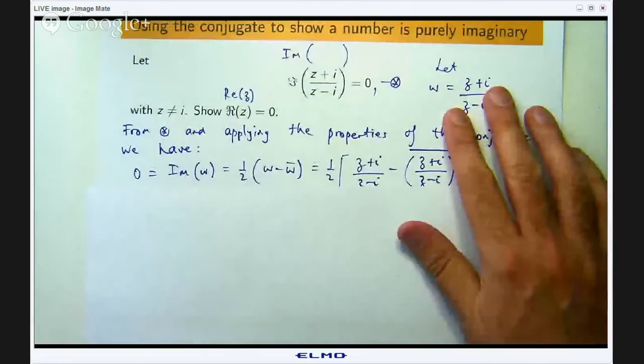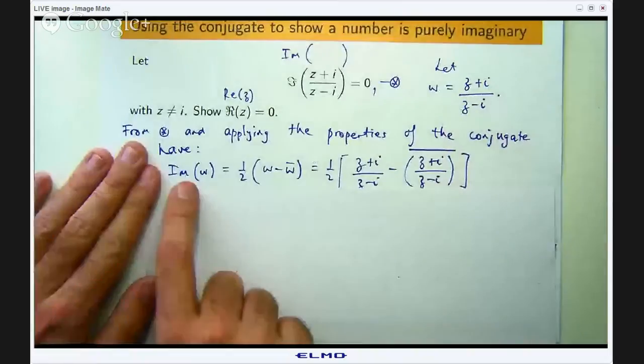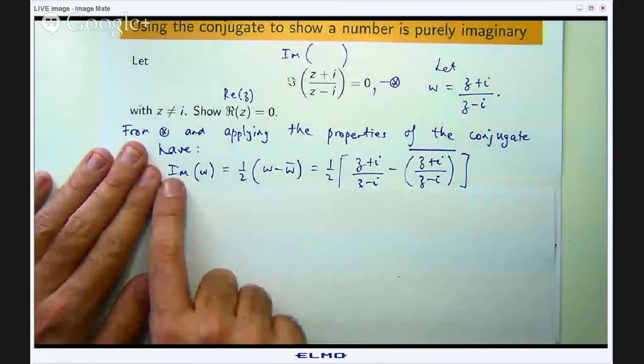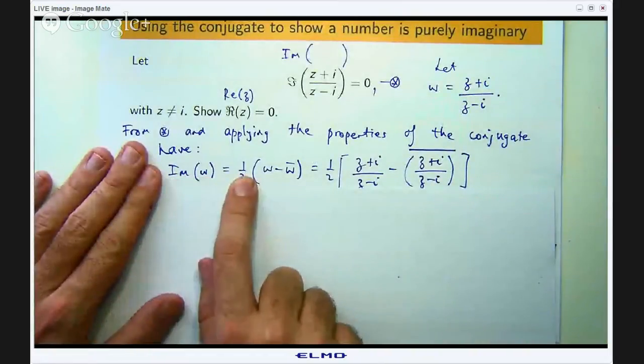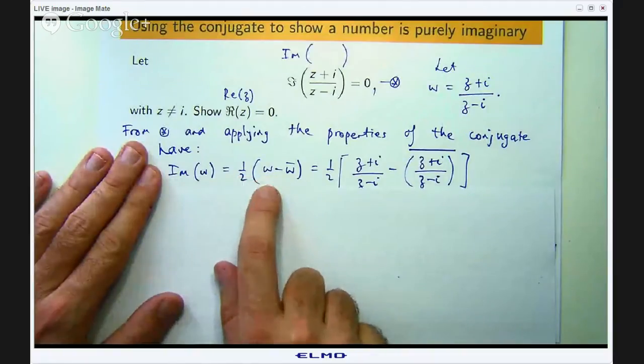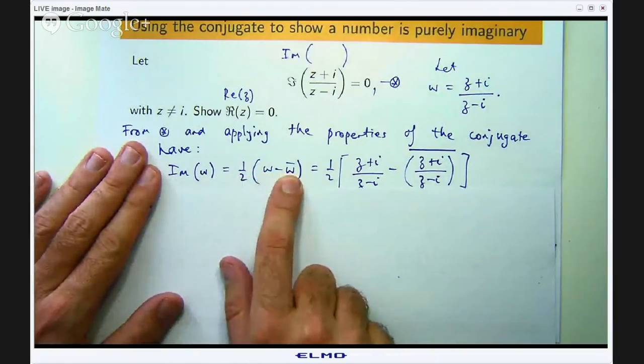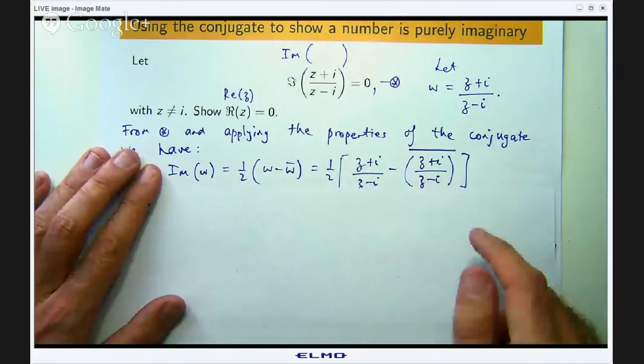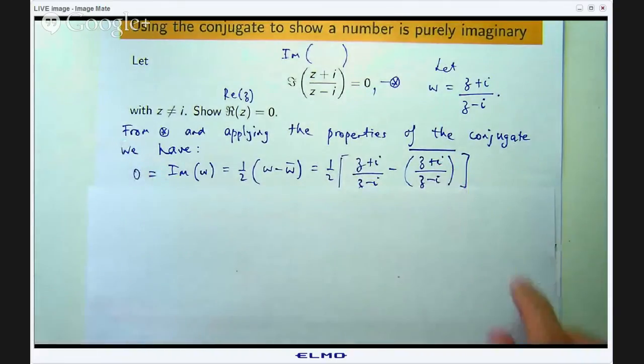And the crucial step is to use the imaginary part of W is a half times the difference between W and its conjugate. Okay, and then you simplify and use the properties of the conjugate.